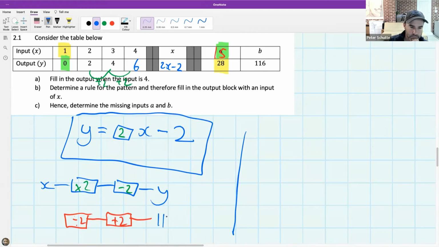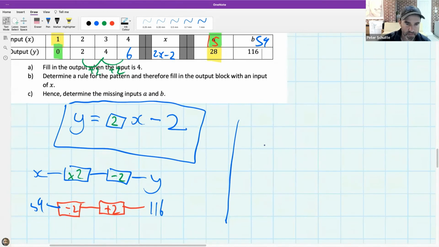So you add 2, and then you divide it by 2, and then you get 57. Now, some people are getting 59, so let's check. We go 116 plus 2, which is 118, divided by 2. I get 59. Okay, so it's important to know relationships can go forwards and backwards.